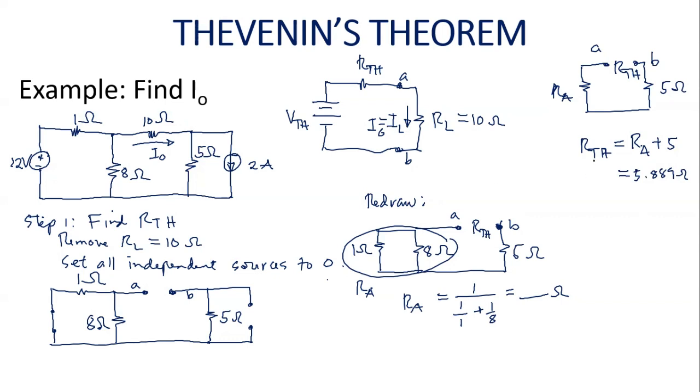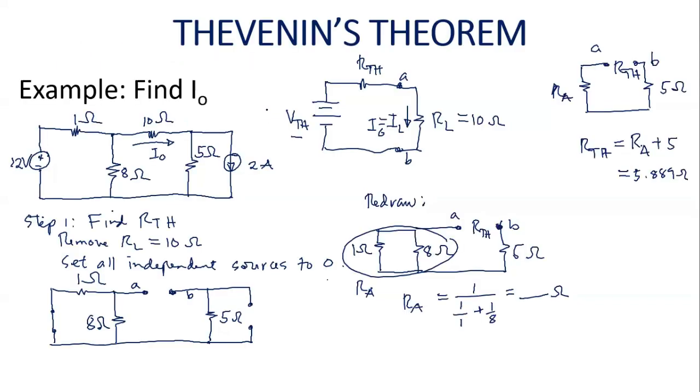Our step 2 is to solve for the VTH. So step 2, solve the new source voltage, which is the VTH. Recall that in solving for the VTH, we need to disconnect only the load 10 ohms, and take note that all sources must be still connected in the circuit.